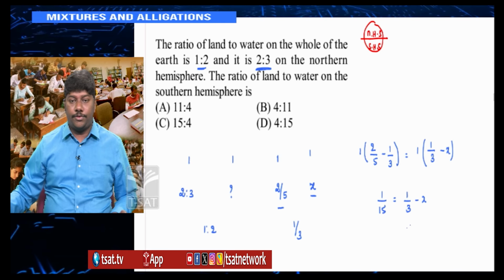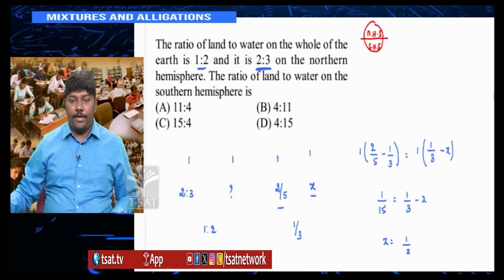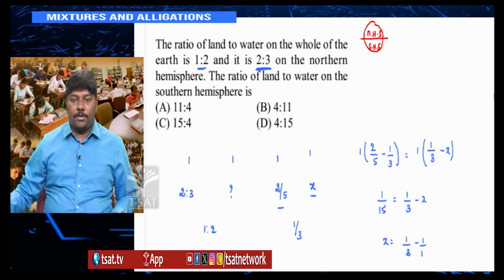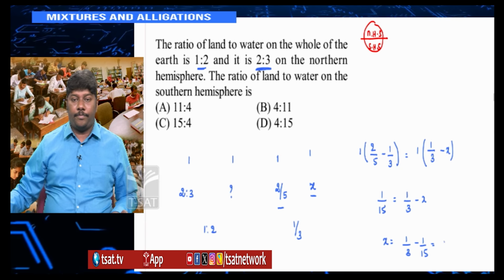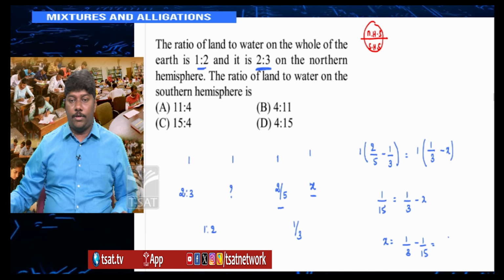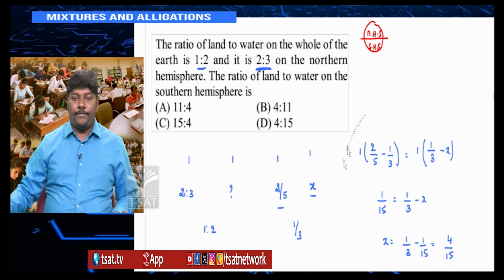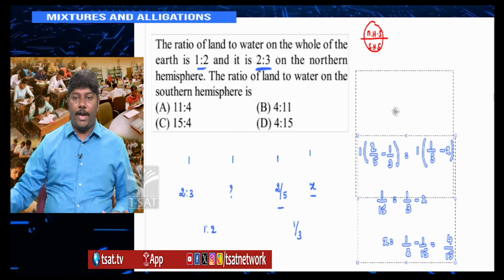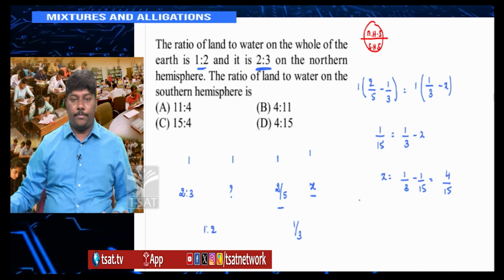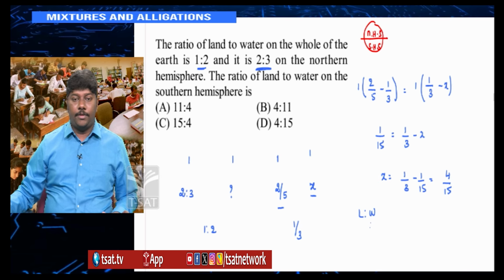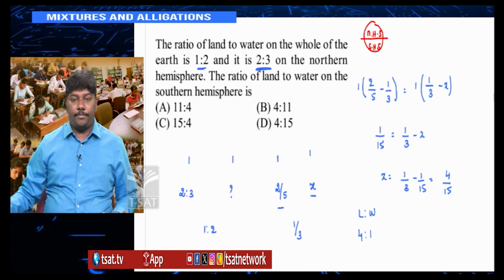So x equals 1 by 3 minus 1 by 15, which is 4 out of 15. So here 5 minus 1, 4 out of 15. So I would clearly say if land is 4 out of 15, then what is water? Land to water is 4 out of 11.